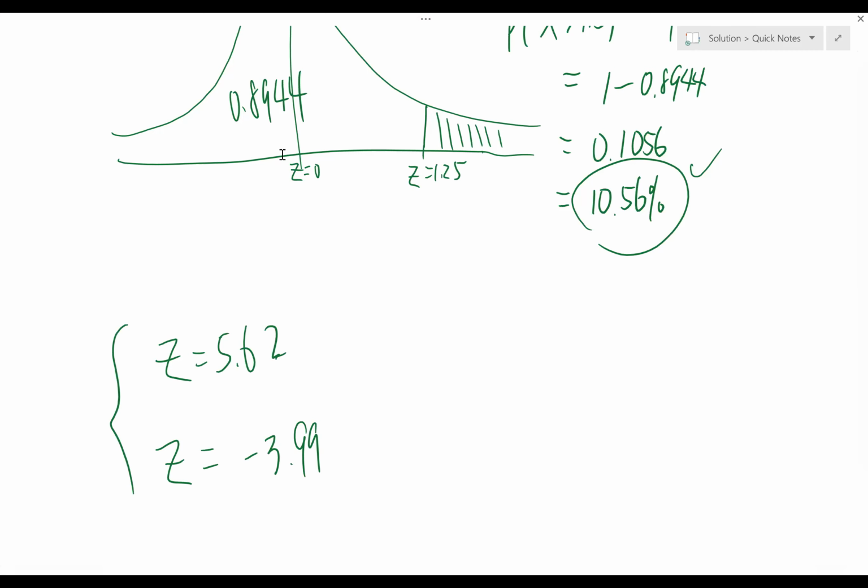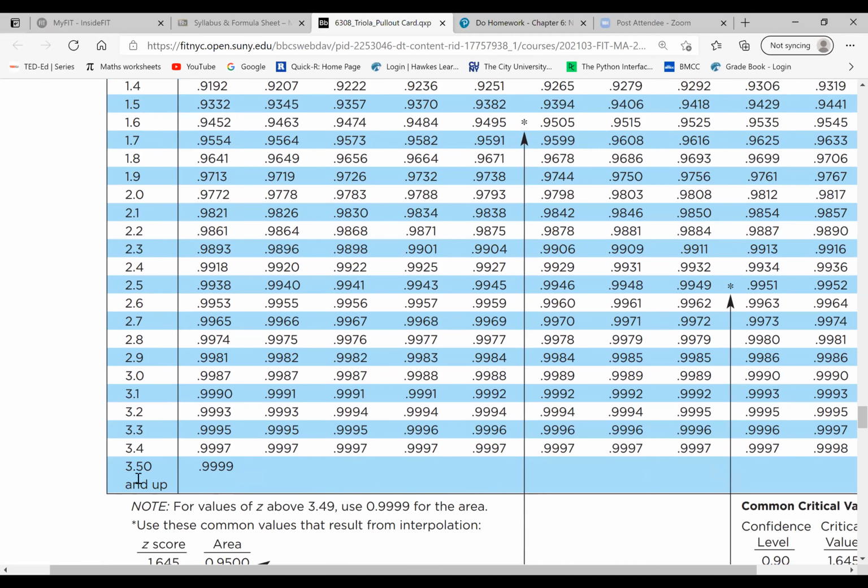But actually, you could find it. You see, 3.50 and up all have the same value, 0.9999. So no matter if it's 5.60 or 100.60, you're using the same probability, because at 4 decimal places it's the same.